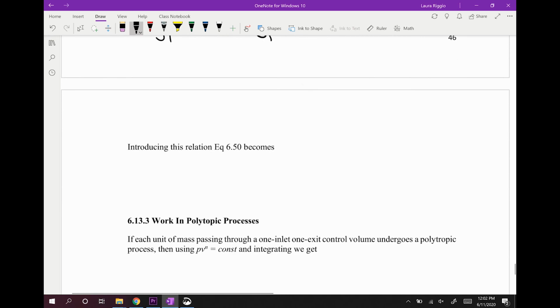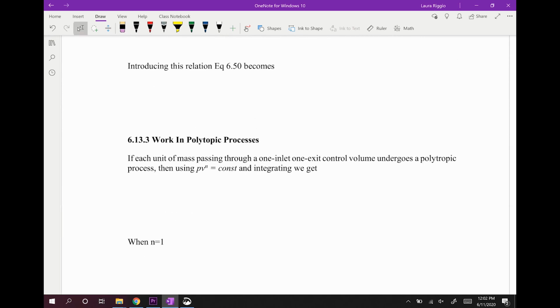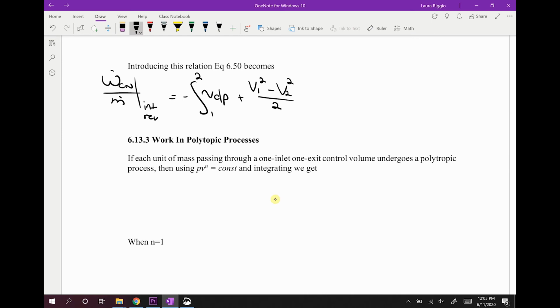If we use that in the equation we just developed for work, we get our work for an internally reversible process is equal to minus the integral of VdP plus our change in kinetic plus our change in potential.